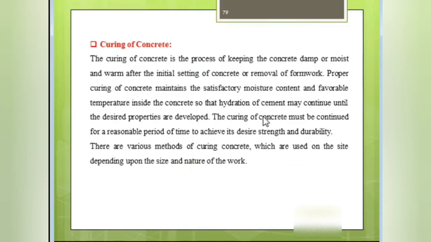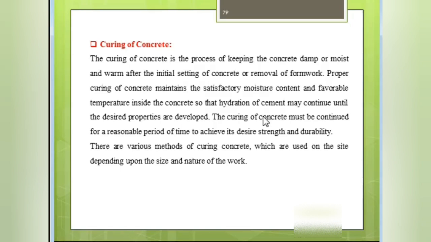After placing and compaction, the last stage is curing of concrete. Why is curing required? It sustains the hydration process in the concrete. Okay, curing is the process of keeping the concrete damp or moist and warm after the initial setting of concrete or removal of formwork.